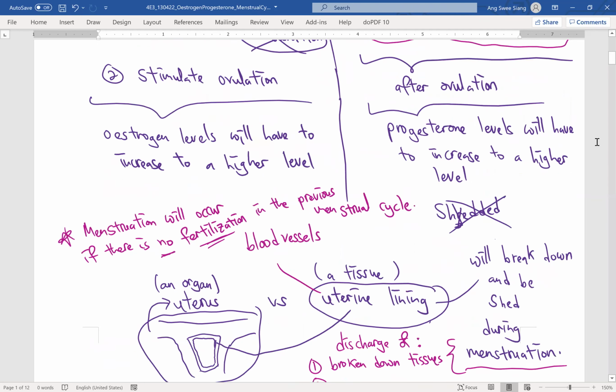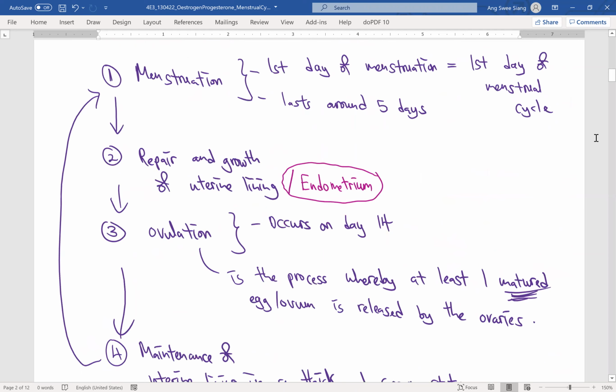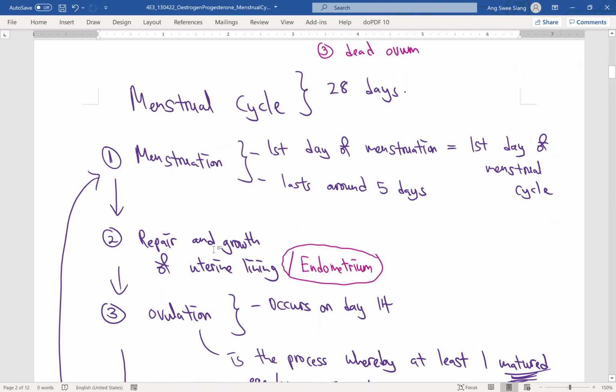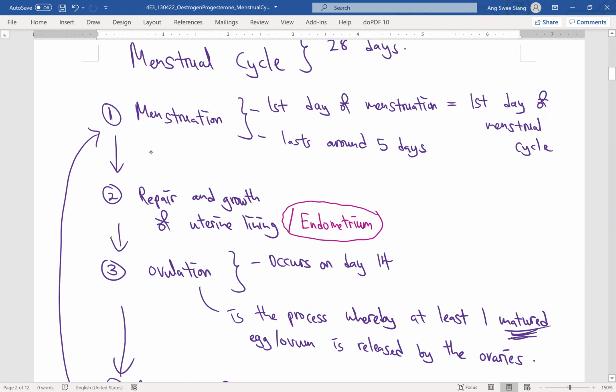Now let's continue. So we were looking at menstruation. The different stages of the menstrual cycle: menstruation, repair and growth of the uterine lining, ovulation. So you need to roughly know the number of days. Menstruation will be around day 1 to day 5, and repair and growth of the uterine lining will be from day 6 to day 14.